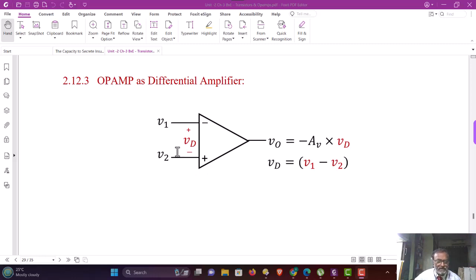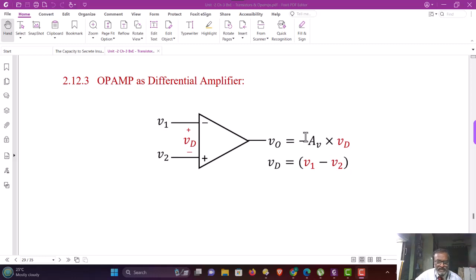The difference between the voltages V1 and V2 is called VD, and that is called the differential voltage. The output of the op-amp VO is equal to minus AV into VD, where VD is V1 minus V2 and AV is the voltage gain of the operational amplifier.